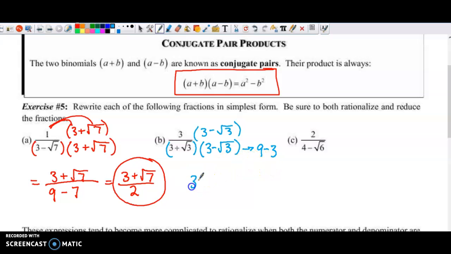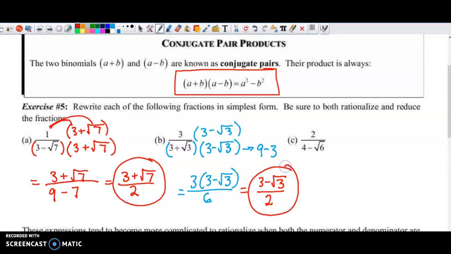And so what I'm thinking about is instead of distributing in the numerator, I can actually simplify 3 divided by 6. That 3 goes into 6 2 times. And that's what I mean by simplify, is we can just leave our answer like that. And you can simplify when you're multiplying. So let's work on the next one, really the same arithmetic.